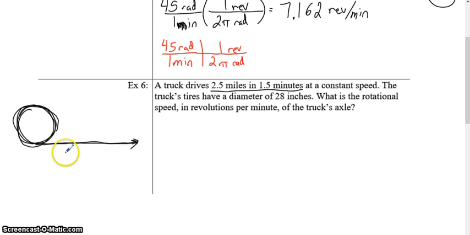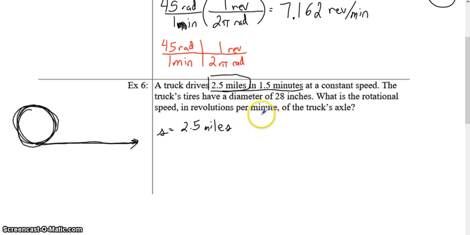So if we would take that 2.5 miles and wrap it around the tire, that's the arc length. So it goes 2.5 miles around and around in a minute and a half. So really, S is 2.5 miles.